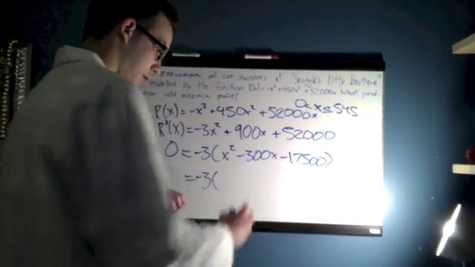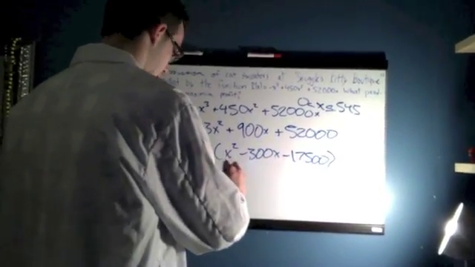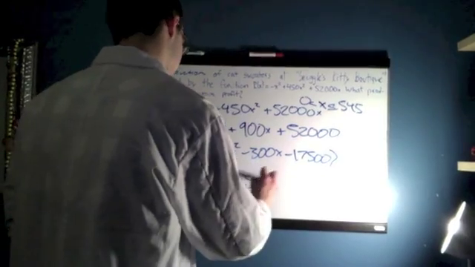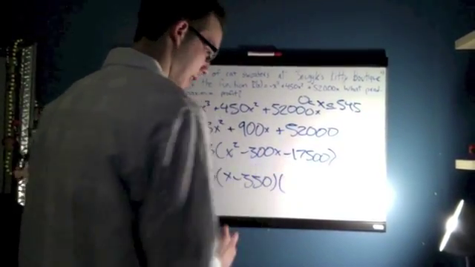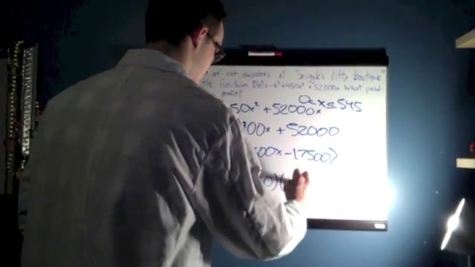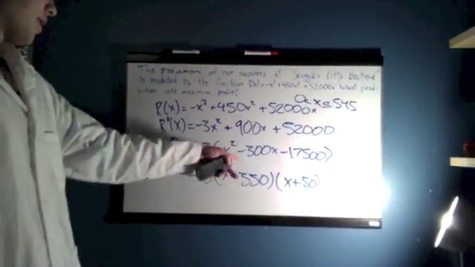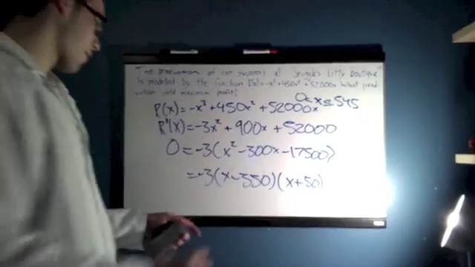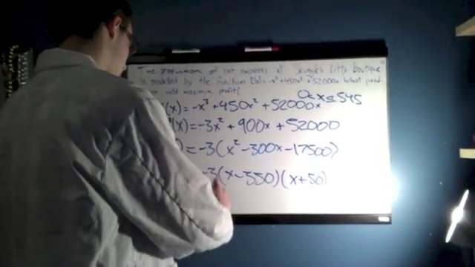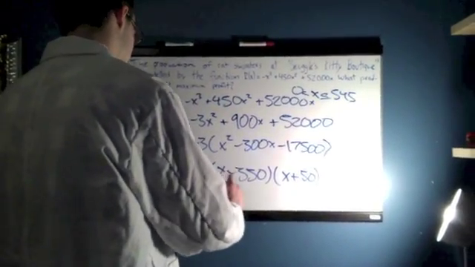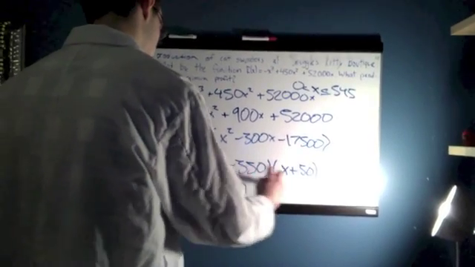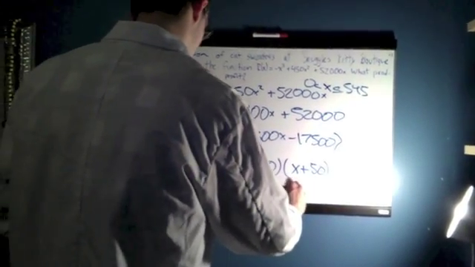So this comes out to x minus 350 times x plus 50. So you can FOIL this out and you'll get this. So from here we can conclude that x is equal to 350 or x is equal to negative 50.